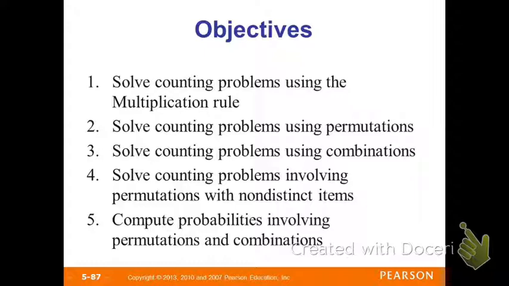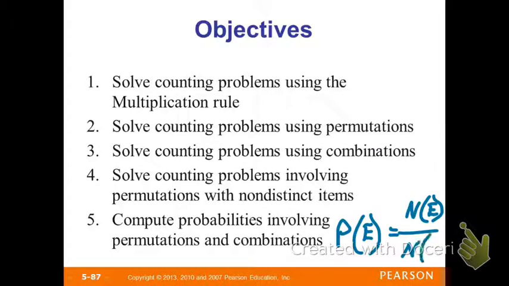So we're talking about counting things, and probabilities are simple. Our simplest probability rule is the probability of an event E is the number of times that E happens divided by the total number of possibilities.